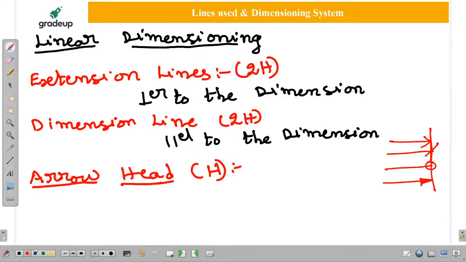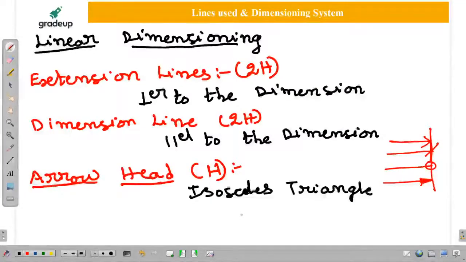So the arrowhead is represented with an isosceles triangle. Good, I will ask one more thing.